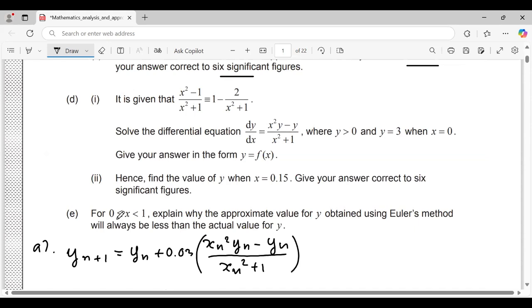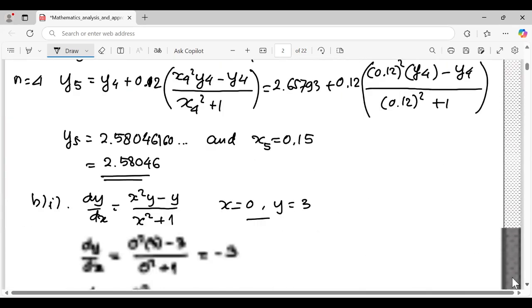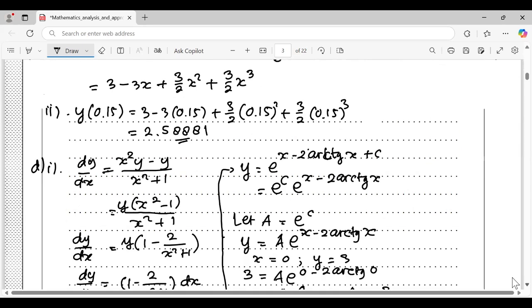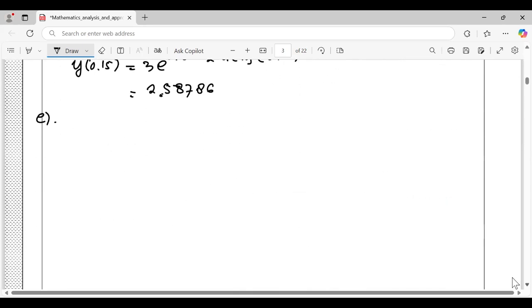Last question. For x in the interval 0 to 1, explain why the approximate value for y obtained using Euler's method will always be less than the actual value for y. Okay, I have to write my opinion about this.